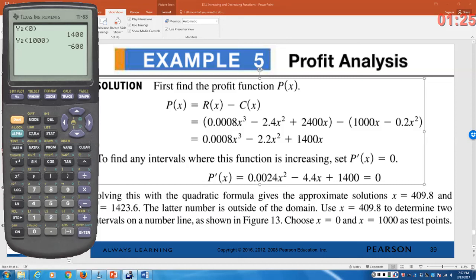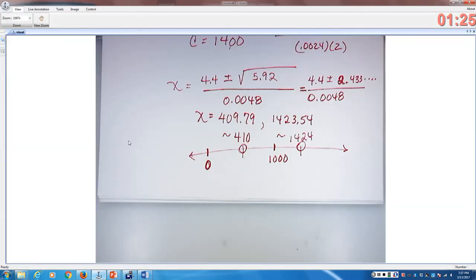And if you want to completely test out the theory, we'll go ahead and do 2,000 since 2,000 is on the other side of 1424. We're back to positive again. So here's what's happening.